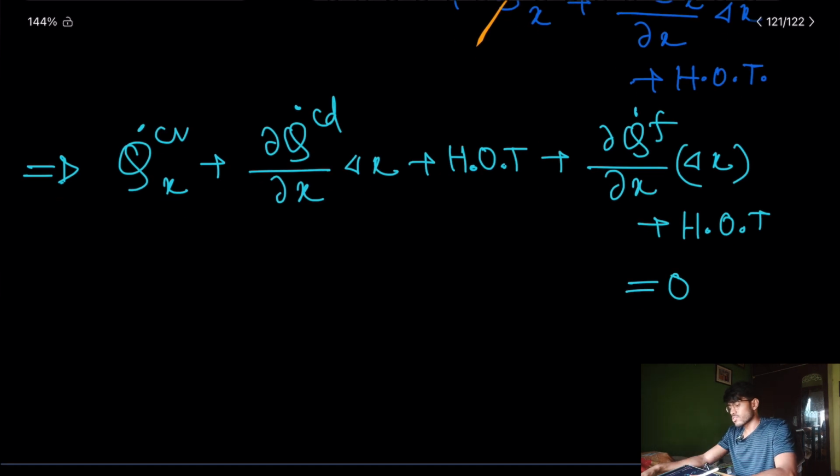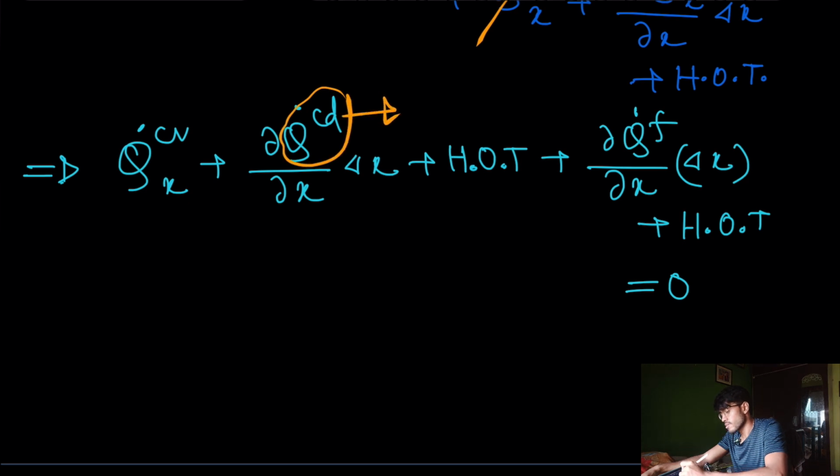Now if the solid is a Fourier solid, we can write this one as minus K Ax into del T by del x, right? Now what is this one?